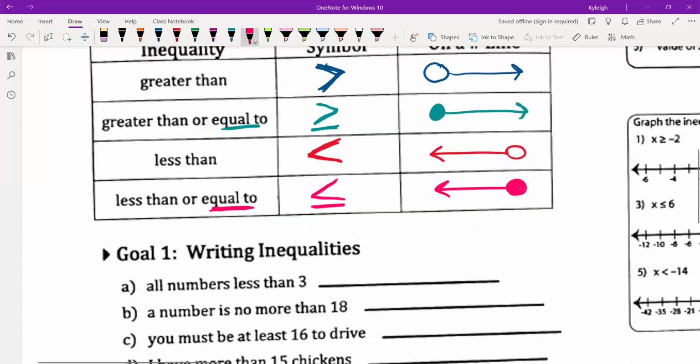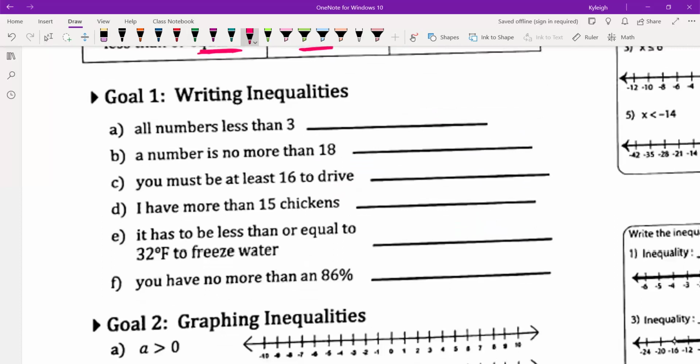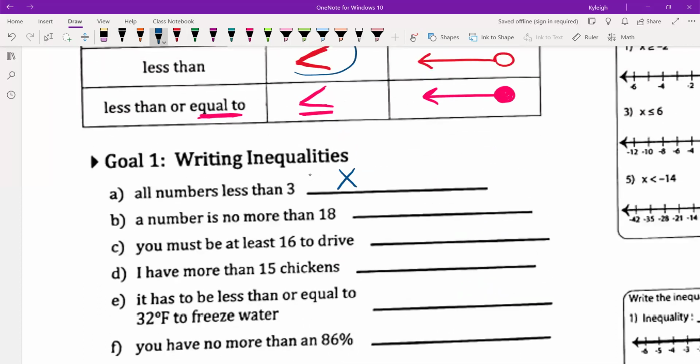So looking at this, all numbers, so we can just write an X for that. So all numbers, let's put an X, are less than 3. So less than is this one. So it faces away from it, and then we just put the number there.